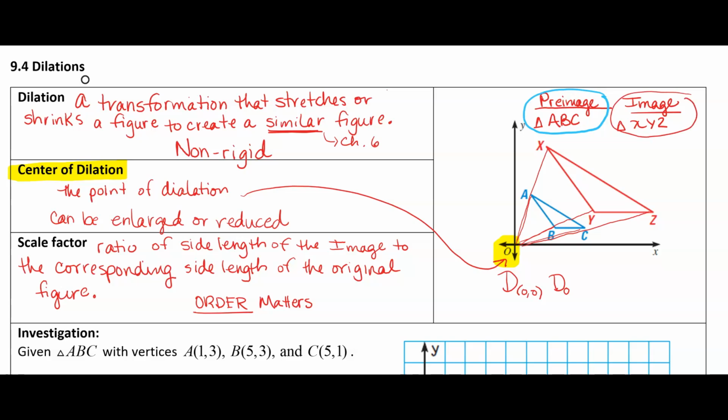So according to this, if I take this XY right here, the actual length of that, and I take the corresponding here, which is AB, that is going to give me my scale factor. And the scale factor is going to tell me if it is enlarged or reduced.